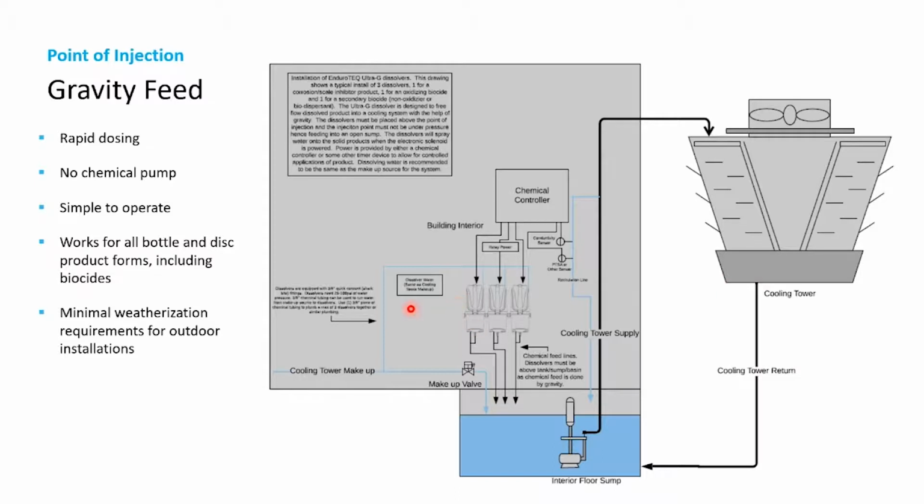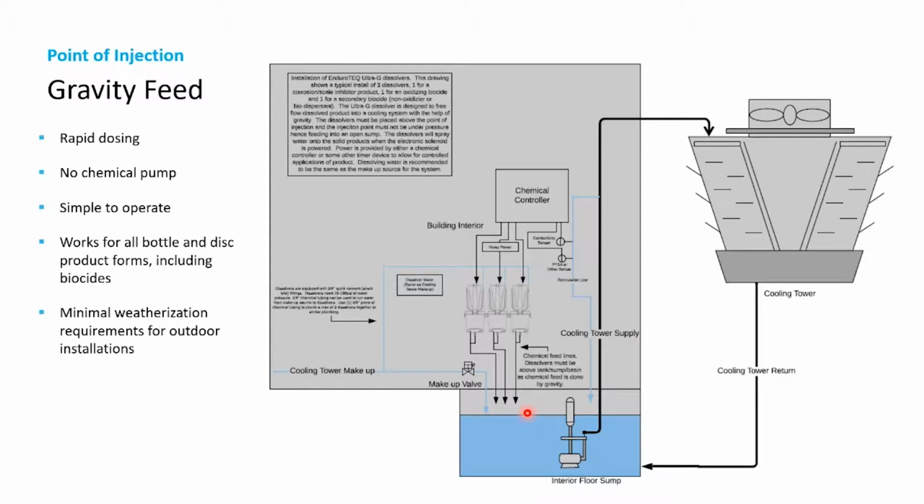In this example that I drew up, these would be our dissolvers here. Essentially they all have a relay plug on them that can go into your chemical controller. So each one of these will be independently controlled. In this example, we have a scale corrosion inhibitor, biocide 1 and biocide 2. On the bottom of the dissolvers are two ports, and they're tied together, and a tube is dropped down into your in-floor sump.